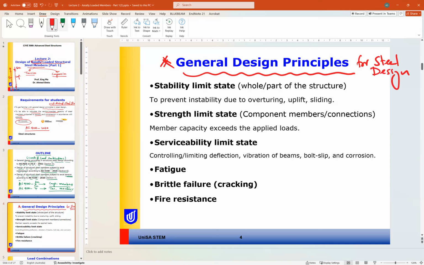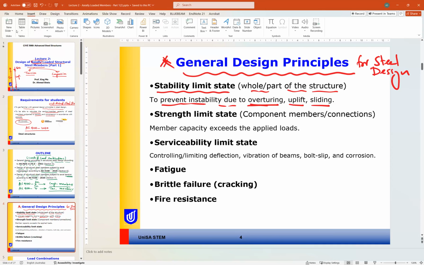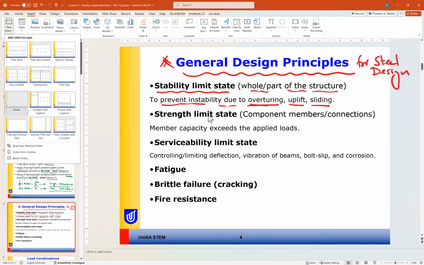So the first requirement of steel design is the stability limit state, which is for whole or part of the structure to prevent instability due to overturning or uplifting or sliding. So let me give some explanation about that, this point here.